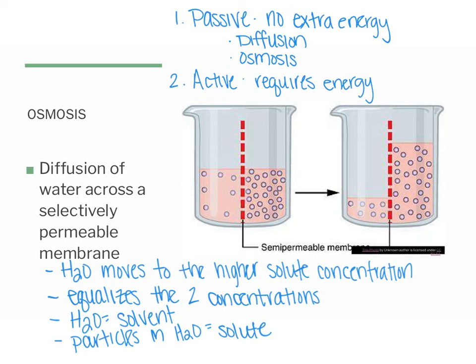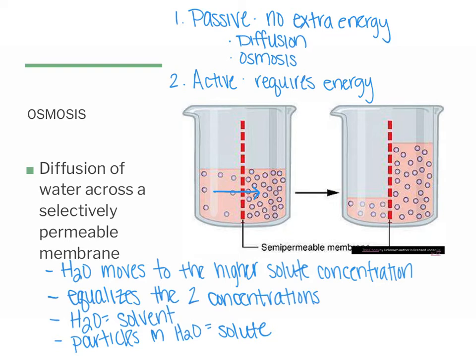So during osmosis, water is going to move to the side that has more solute. If you look at this picture here, the left side has just a few of these purple particles. This side has a bunch. So this side has the higher concentration, which means that water is going to move from the left to the right side.